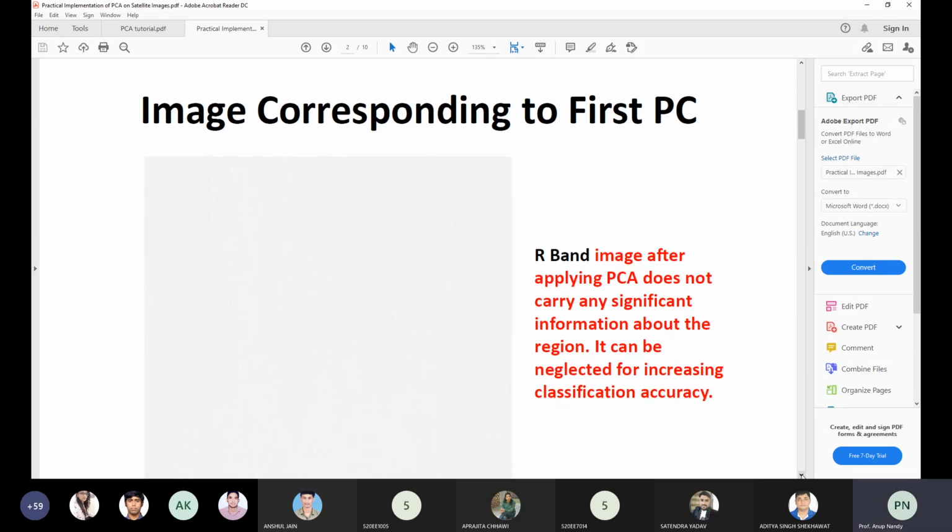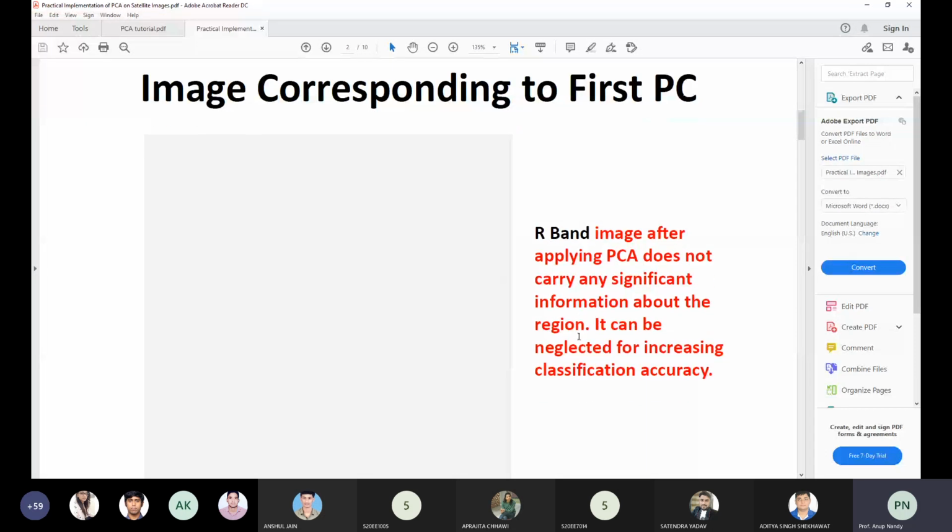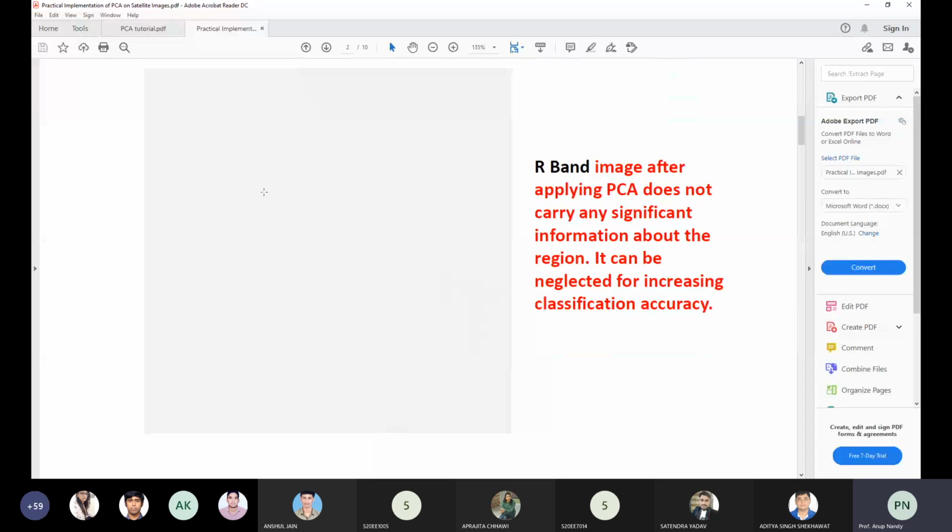So the first PC corresponds to the R band. The R band image, after applying PCA, does not carry any significant information about the region. By seeing these images, you cannot identify which portion belongs to the river class and which portion belongs to the non-river class.